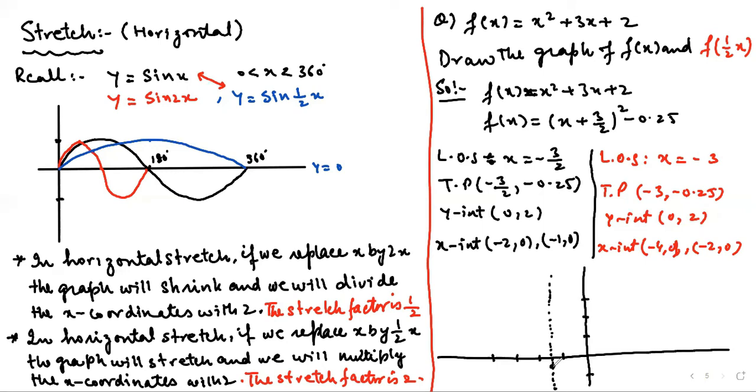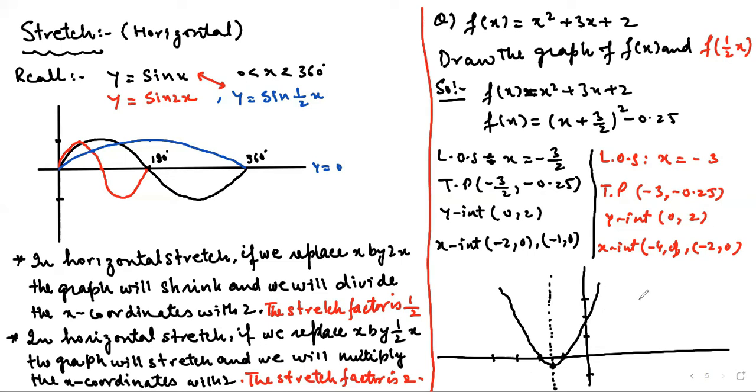The turning point is this. The x-intercepts are this. So the curve here is this, passing through the y-intercept. This one is the curve y equals f of x.